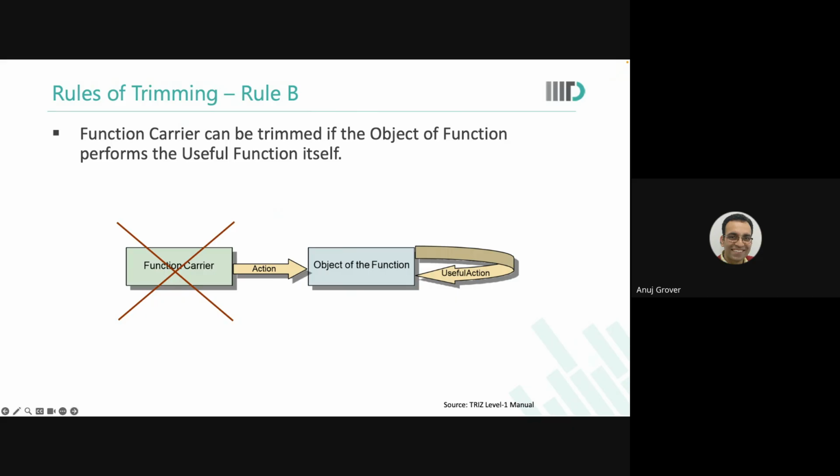Now, there is no separate component called frame. There is only a tabletop which is shaped like that. Are you able to see this? So now I don't need any iron. I just need to go to the carpentry shop. Are you getting it? So I've trimmed the component because the object of my function was able to take care of the useful function by itself. Is this clear?